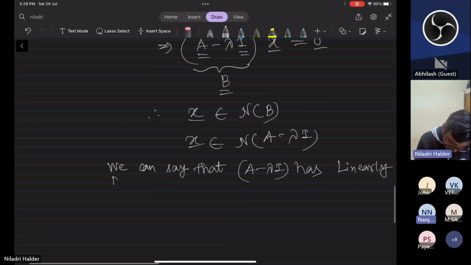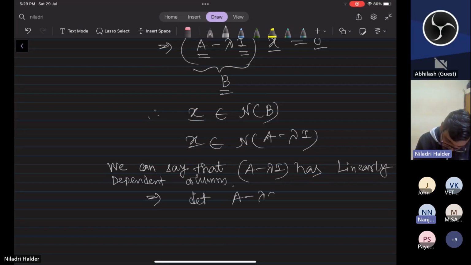Okay, so the null space of A minus lambda I has some linearly dependent columns. That means if you take the determinant of A minus lambda I, that will be 0.